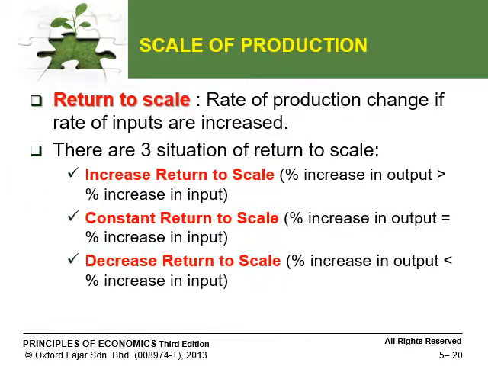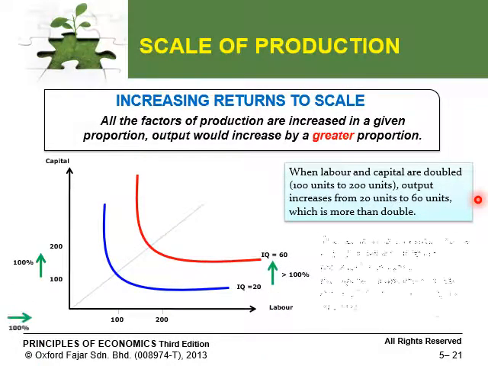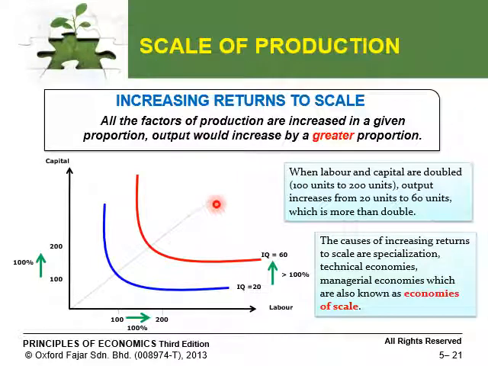Okay, how to understand more about increasing return to scale based on the previous slide? Increasing return to scale is indicated by the percentage increase in output being more than the percentage increase in input. If you can see here, this is output. When they move to the right side, it shows that the output is increasing from isoquant 20 to isoquant 16.